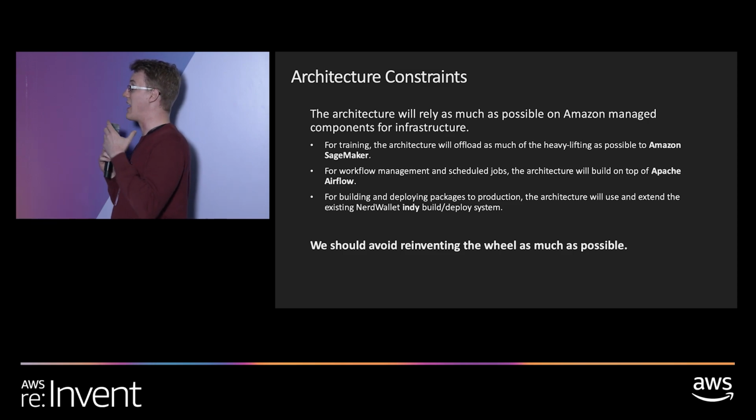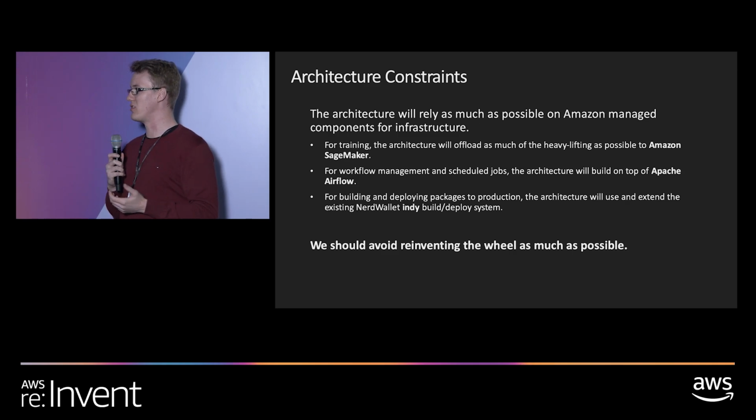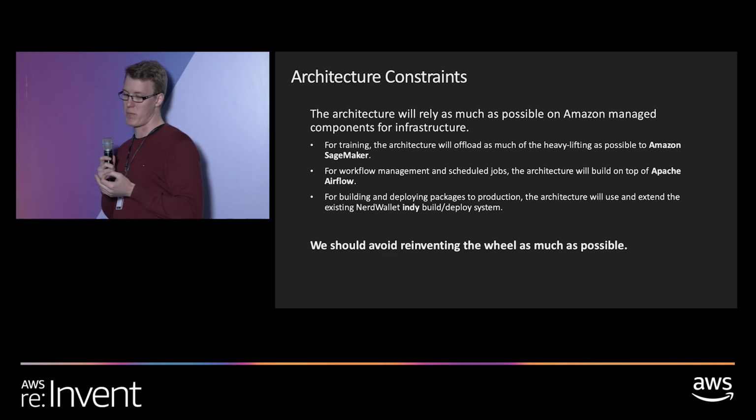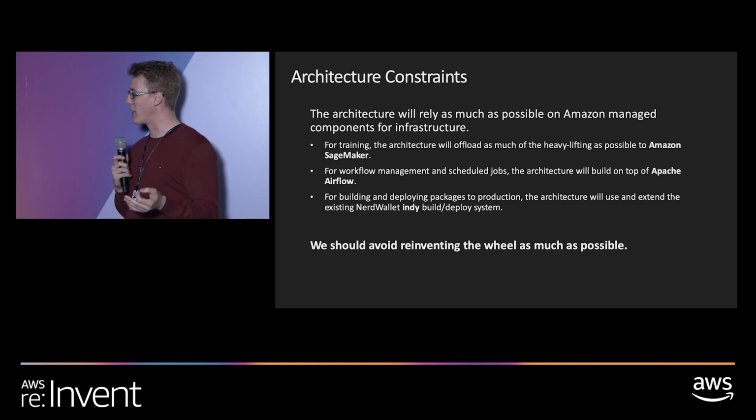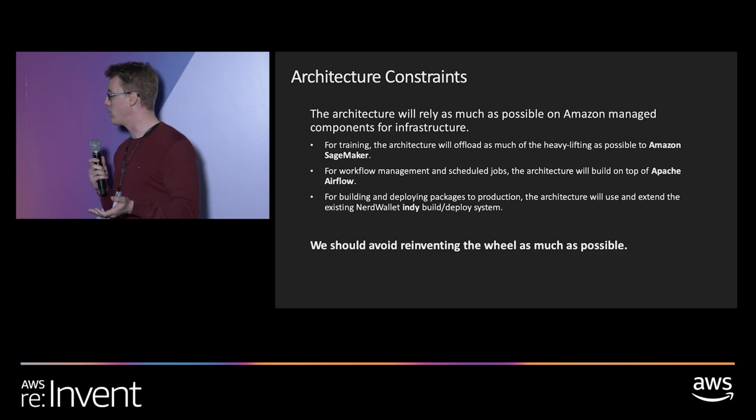So this led to the architecture constraints. The architecture, we said, will rely as much as possible on Amazon managed components. For training, this means we'll offload as much of the heavy lifting as possible to Amazon SageMaker. For workflow management and scheduled jobs, the architecture will build on top of Apache Airflow.